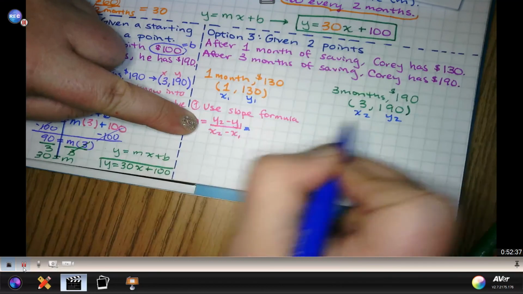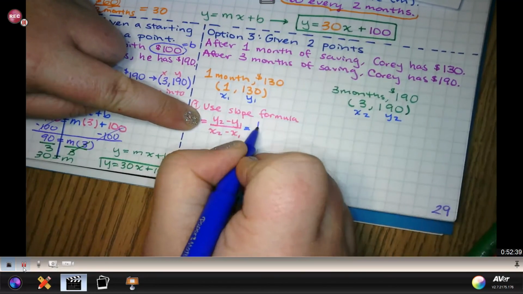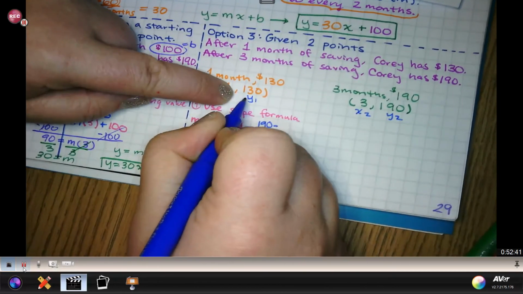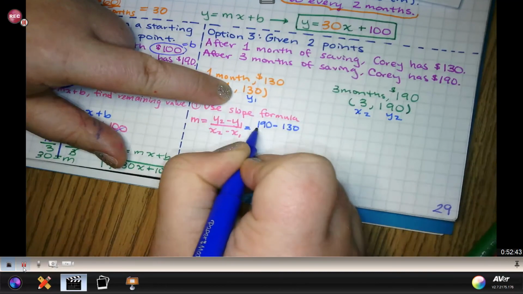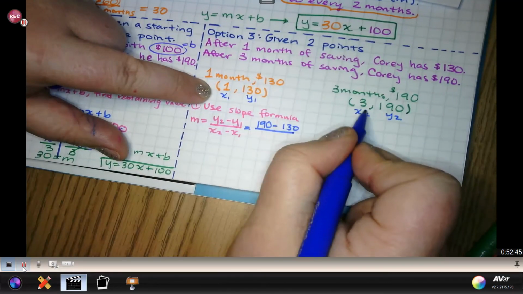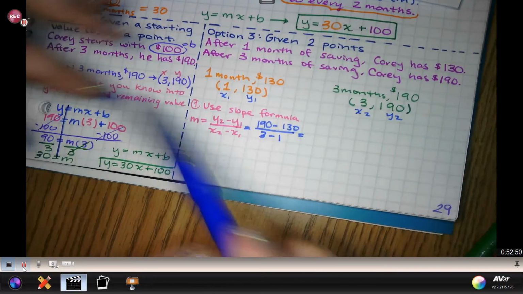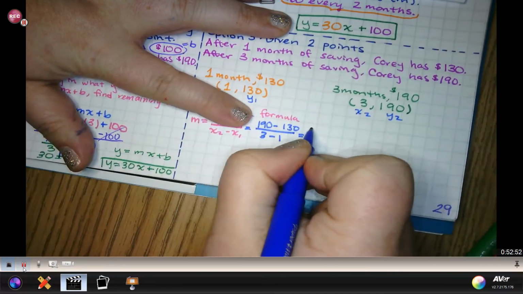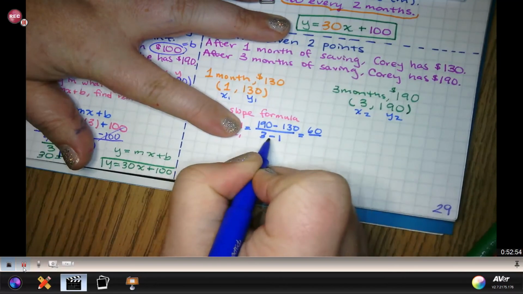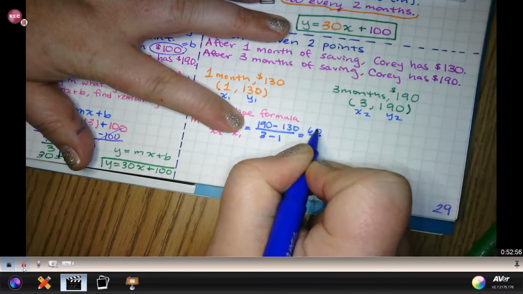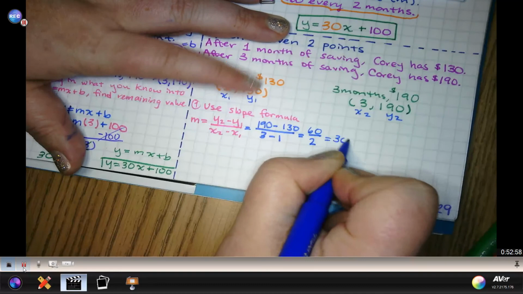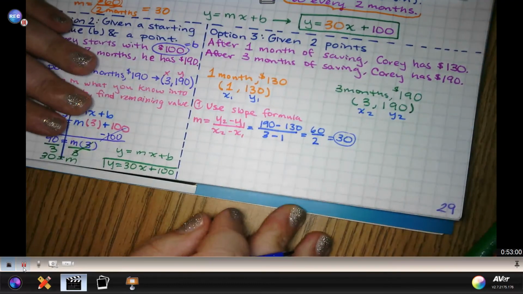So y sub 2 is 190. So 190 minus y sub 1, which is 130, over x sub 2, which is 3, minus 1. Okay, 190 minus 130 is 60 over 3 minus 1 is 2. 60 divided by 2 is 30. So my m value is 30.